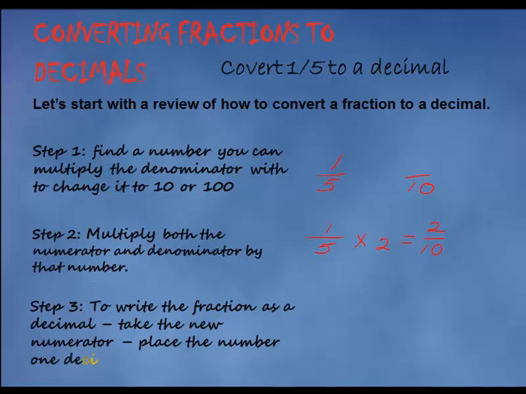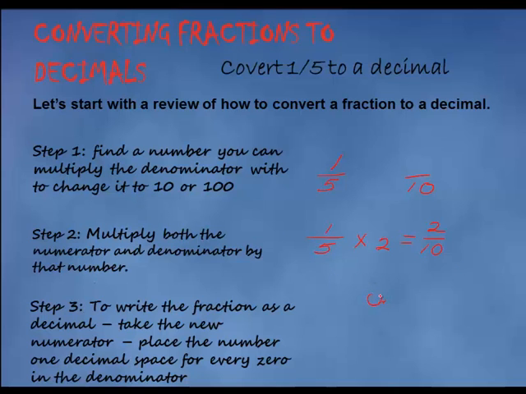Step 3, to write a fraction as a decimal, we need to take the new numerator, 2, and we need to look at the denominator to see how many zeros we have. We have 1 zero. So in our place value, for place value with 1 zero, we have a decimal point.